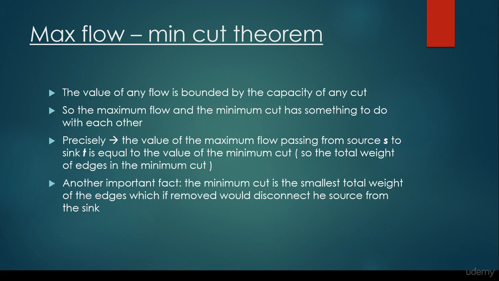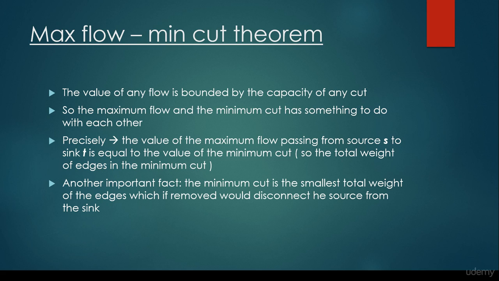Okay. And I would like to say a few words about the max flow min cut theorem. As I said earlier, the flow is not independent from the cut. So the value of any flow is bounded by the capacity of any cut. So the maximum flow and the minimum cut have something to do with each other.